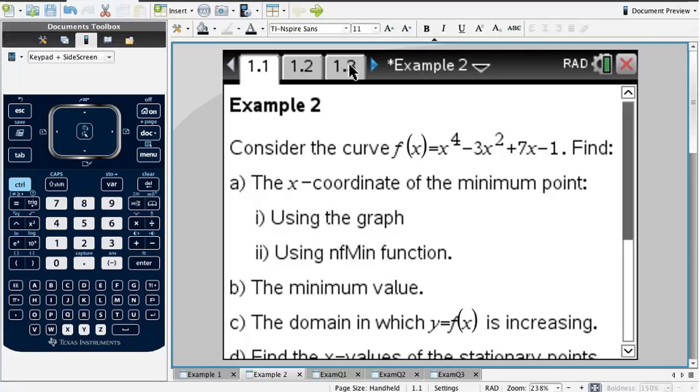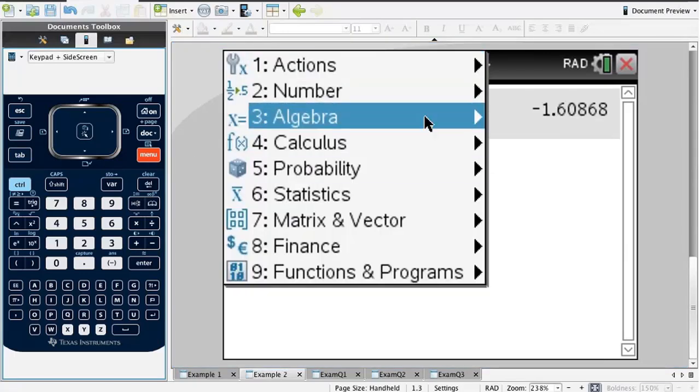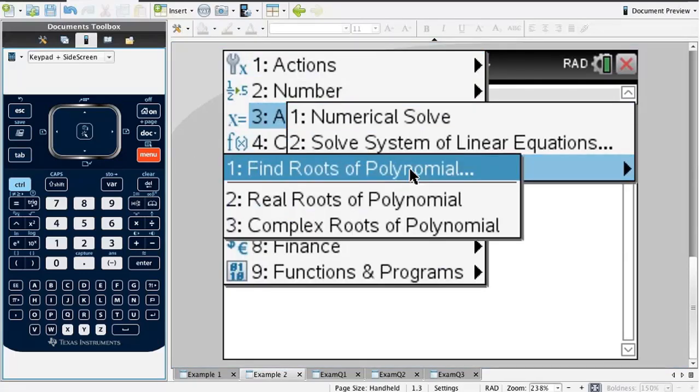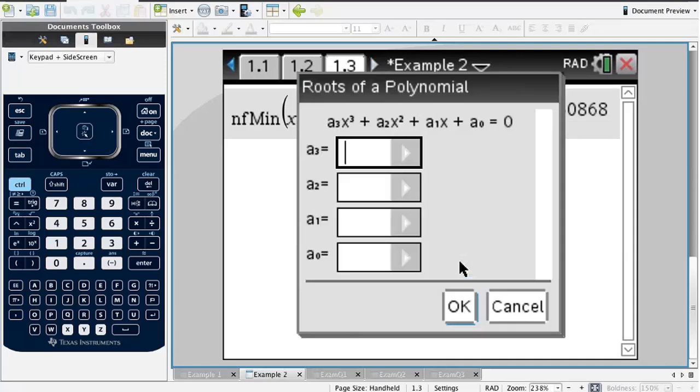So if we go menu, algebra, polynomial tools, find the roots of a polynomial, the degree of our derivative would be 3. So press 3. And it's 4x cubed, so we put a 4 there. There was no x squared term, and then minus 6, so negative 6.